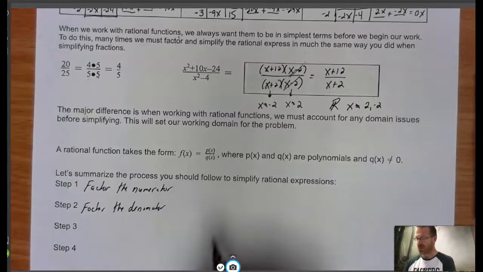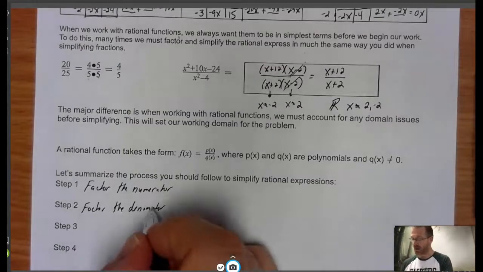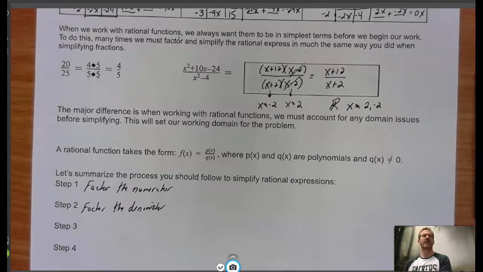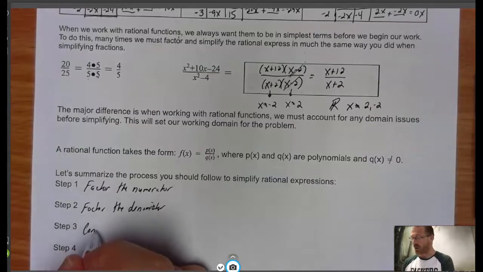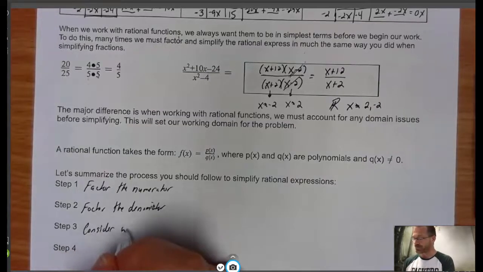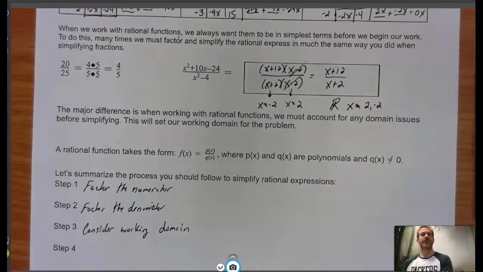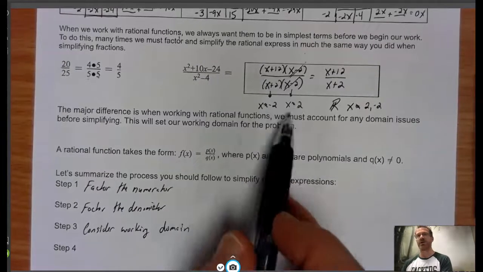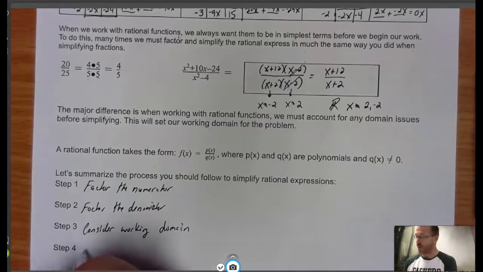Now, once we have the numerator and the denominator factored, we want to consider our working domain. And that's exactly what we did up here, right? So we want to throw those values out that we can't use. And then step 4 is that we want to simplify and reduce.